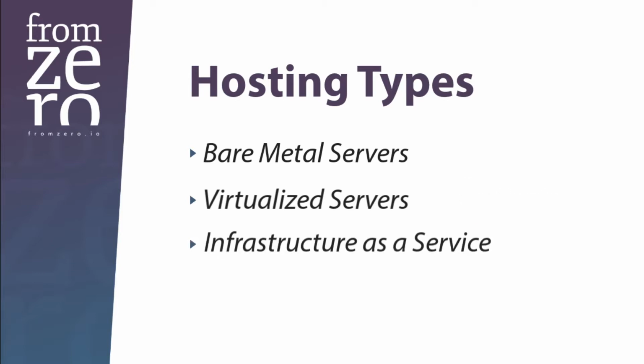A huge shift occurred in 2006 when Amazon announced they would be offering their server infrastructure for developers to rent, and the whole infrastructure as a service industry was born with AWS. The difference between IaaS and virtualized servers is that IaaS servers can run for fractions of time. You can spin up a server for 1 hour and be charged for just that hour.